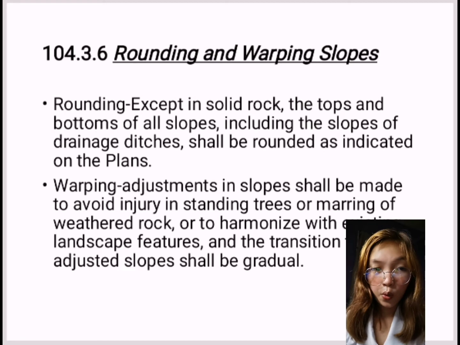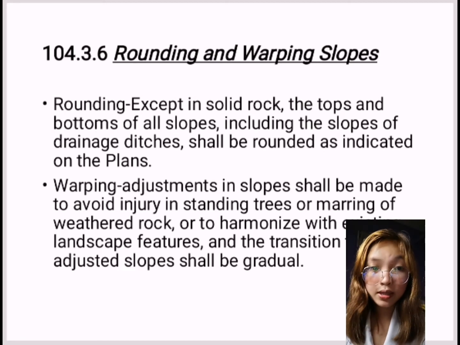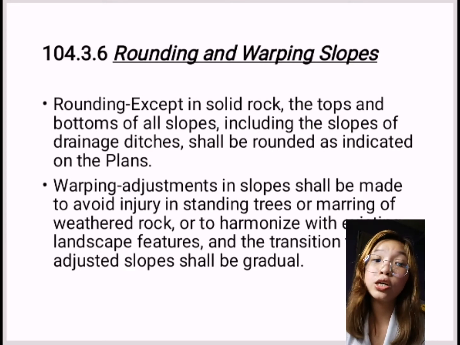So, warping. So, adjustment in slope shall be made to avoid injury to standing trees or marring of weathered rock, or to harmonize with existing landscape features, and the transition to such adjusted slopes shall be gradual.